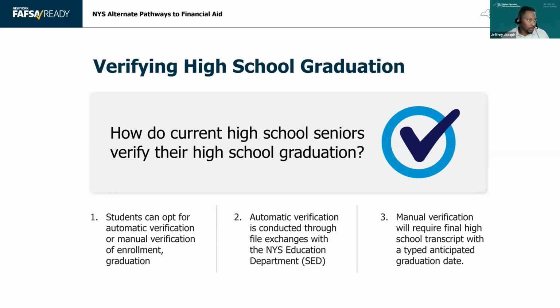If you're a high school counselor, which I hope a lot of you are, you can send in a transcript with the graduation date typed on it. If your anticipated graduation date is the end of May in 26, a counselor or office administrator can type anticipated graduation date, June 2nd, 2026, and we will take that documentation as verification.